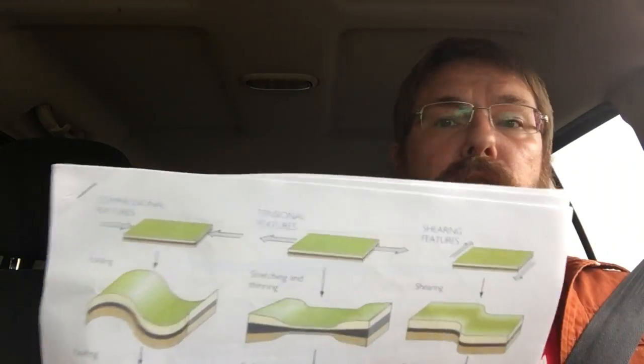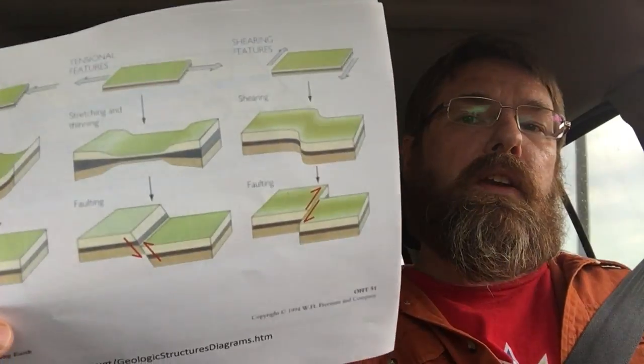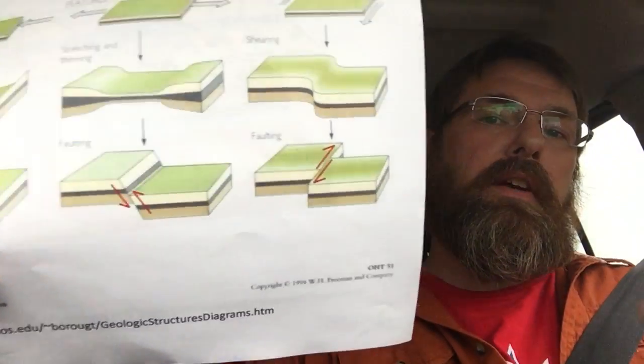You can also have shear tension, where instead of direct compression or tension, forces are acting at an oblique angle to one another. Those can lead to folds as well, but they can also lead to strike slip faulting, which is this one down here. All right, that covers that.